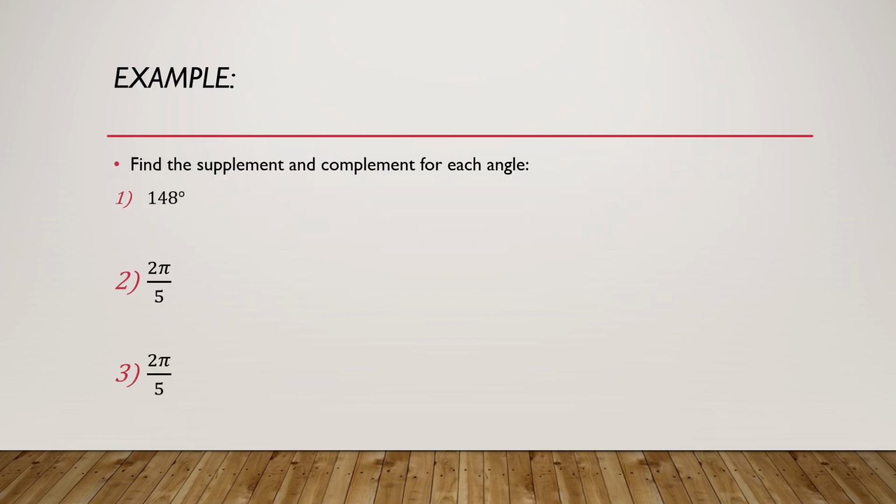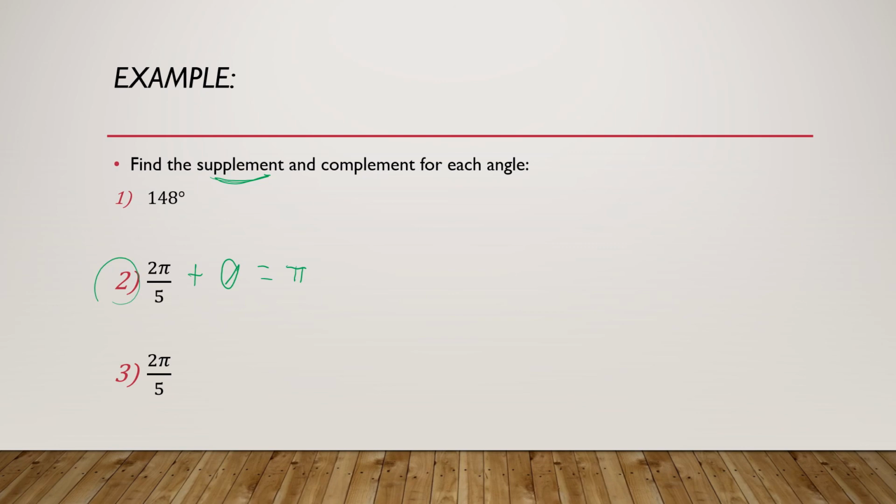Alright, so I'm just going to pick 2 pi over 5 here. Finding the supplement, well, we need to take 2 pi over 5 plus, I'm going to label it theta, theta, what angle we'll add to, if we're doing supplement, that's like 180 degrees. That's where our brain goes first. 180 degrees is the same thing as pi radians. So we want to get theta by itself.